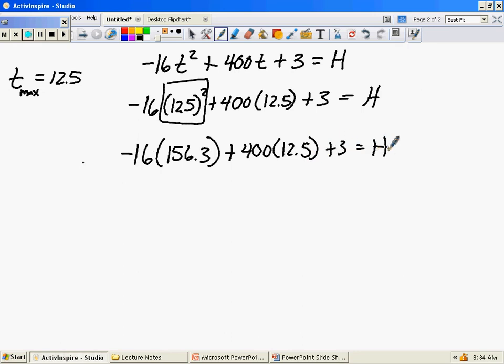Then we do our multiplication. 156.3 times the negative 16 is negative 2,500.8. And then 400 times 12.5 is 5,000.